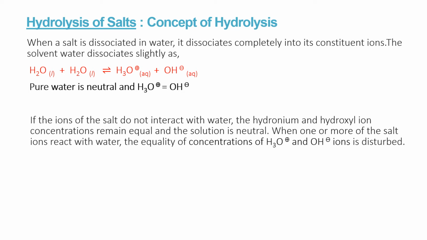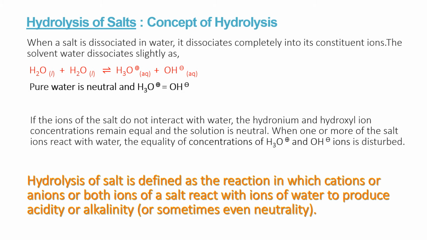Whenever a salt doesn't interact with the water molecule, the concentration of hydronium ion and OH minus ion remains undisturbed and the solution remains neutral. But whenever the ion of a salt interacts with the water ions, that is hydronium ion and OH minus ion, their concentration is disturbed and the solution may be acidic or basic.